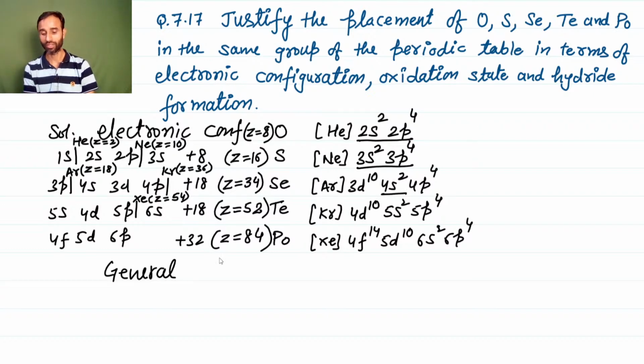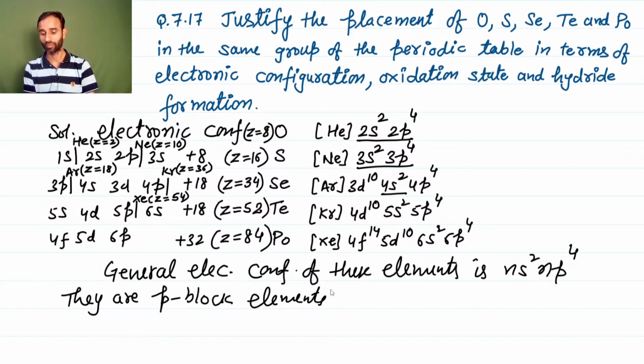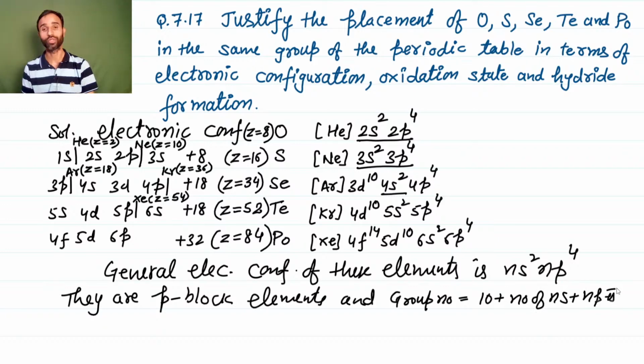The general electronic configuration of these elements is ns2, np4. All of them are p block elements, and group number is equal to 10 plus the number of ns plus np electrons.